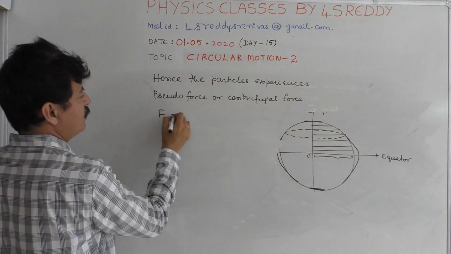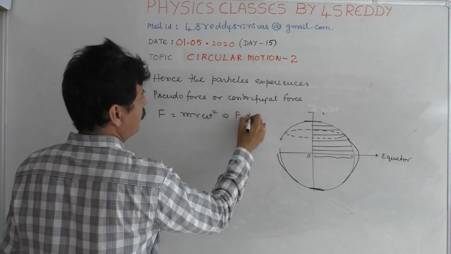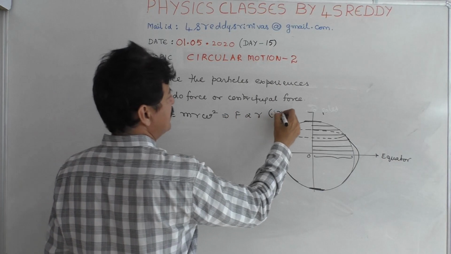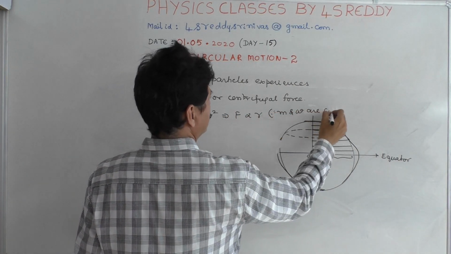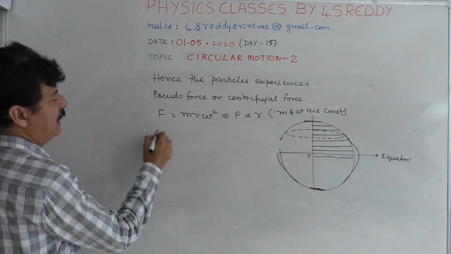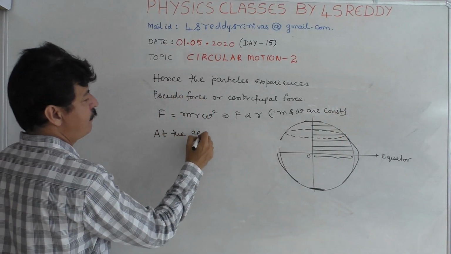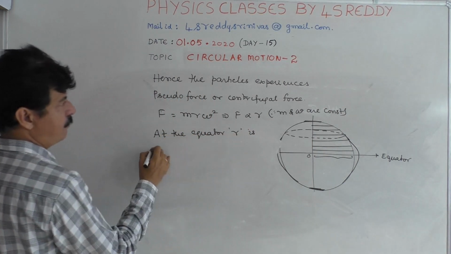That is, F is equal to m r omega square, which implies F is proportional to r, since m and omega are constant. Therefore, at the equator, r is maximum.